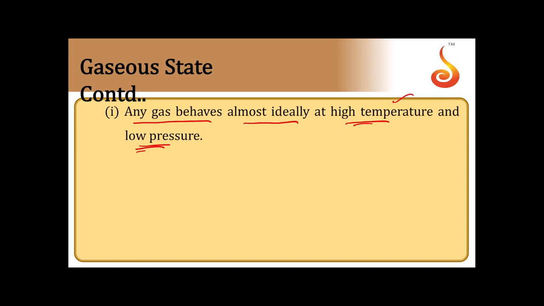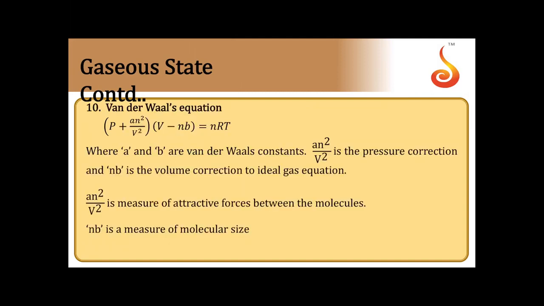That is one of the conditions for ideal gas. Therefore, at very high temperature and low pressure, the gas molecules always behave ideally because of larger intermolecular spaces present between them. They do not have attractive forces. Therefore, the molecules behave ideally at very high temperature.